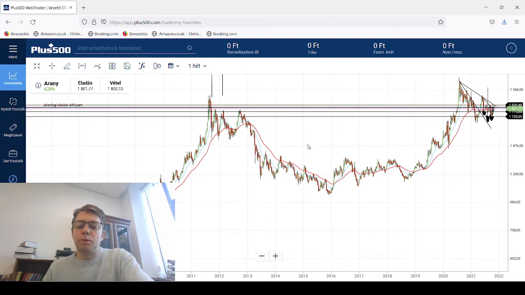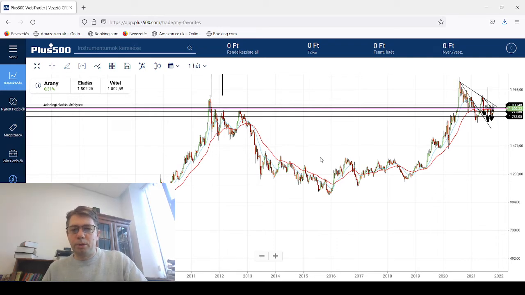And there are two ways of measuring the price targets of such patterns. One is to measure the top of the handle all the way to the bottom, and then put it on the neckline, or draw the neckline around here, and then from the neckline all the way to the bottom of the cup.